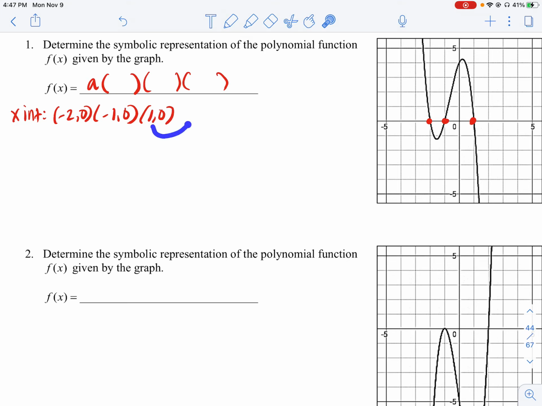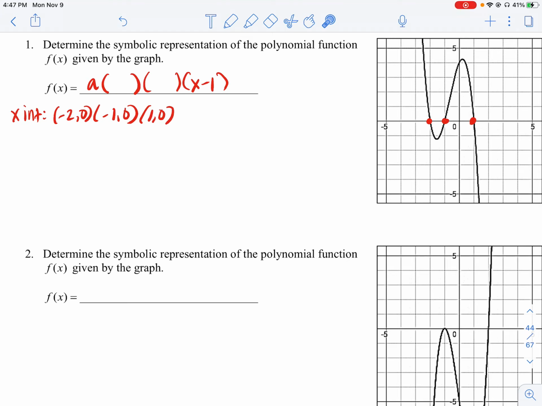When 1 comma 0 comes in as a factored form, if you remember, that becomes x minus 1, because we want what makes this whole thing zero, since y is zero. It will be zero if we put a positive 1 in there. Technically I can call that the reverse of it.